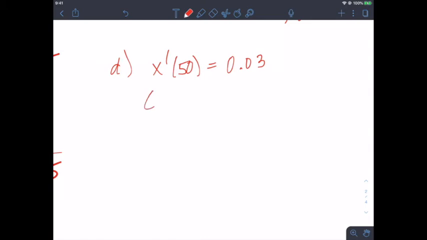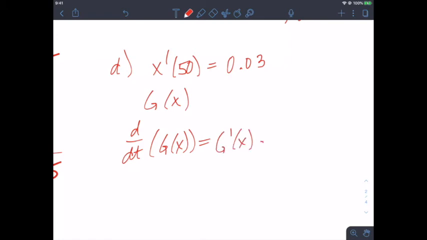The height is given by g of x, so if I want that rate of change, I want to take the derivative of this with respect to time. When we take the derivative, we're going to take the derivative of g and multiply it by the derivative of x with respect to time. So this is like a chain rule, like a related rates problem. We've got to figure out what g prime of x is, and then what the derivative of x with respect to time is.